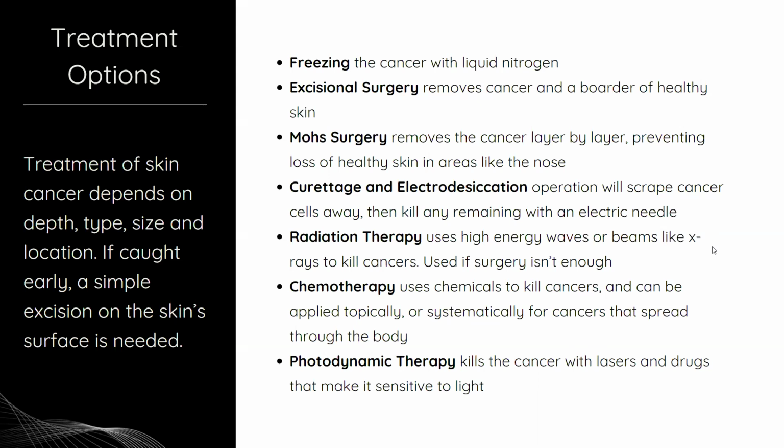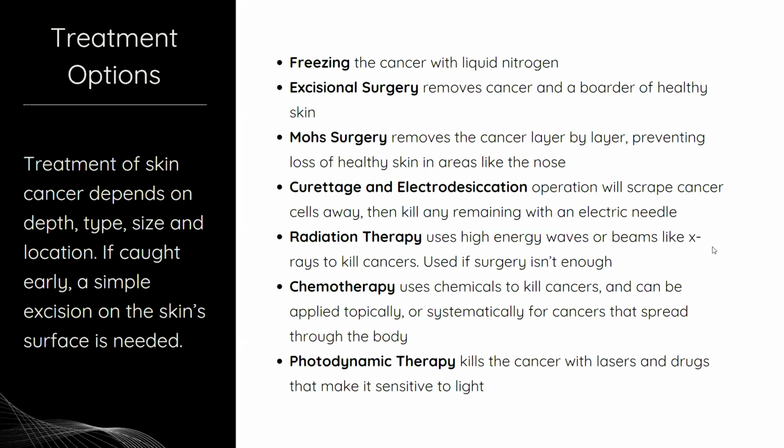Of course, you can go for radiation therapy, which is for any cancers that have grown above a size that can be frozen off or just surgically removed. This uses high energy waves like X-rays to kill the cancer.